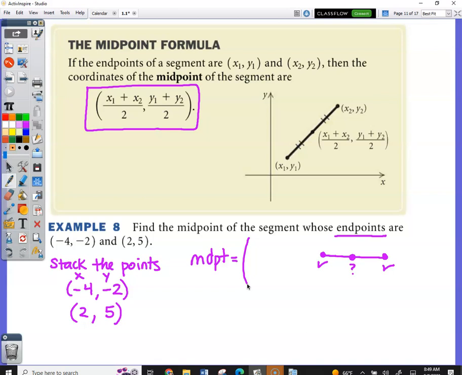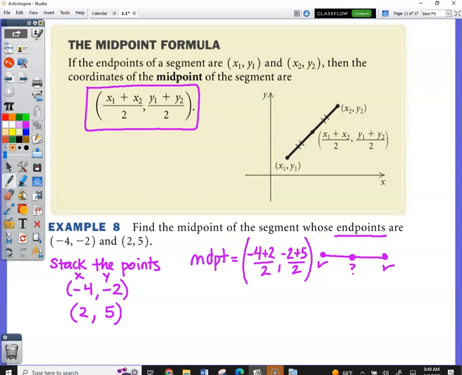So you've got to add the x's, divide by 2, add the y's, divide by 2, and anything that will not divide evenly by 2, leave it as a fraction if it's ugly, or if it's a pretty decimal, you can write it as a decimal. I put mine as decimals.